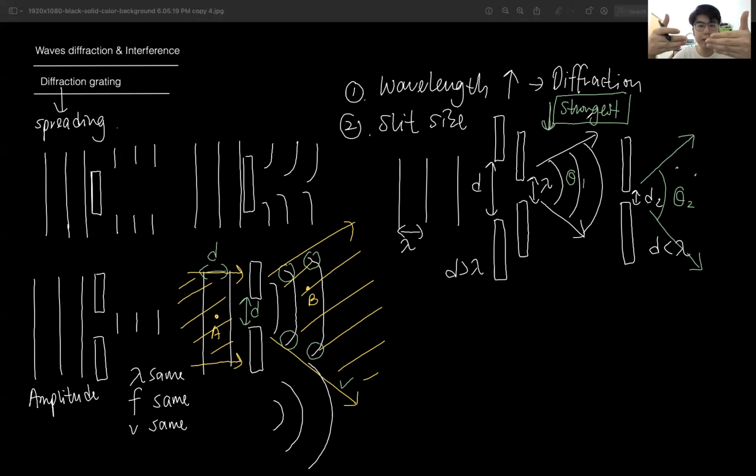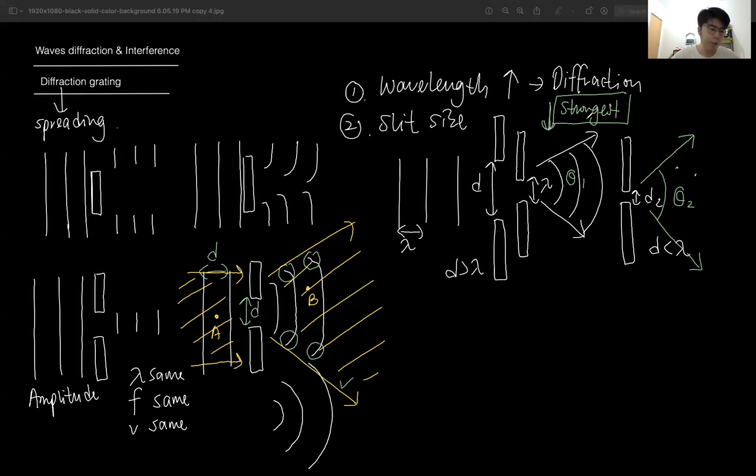So they decrease it, but it cannot be too small either, because if the opening is too narrow, it's very difficult for the boat to navigate through the opening, right? So from there again, they find a balance. That is one application of diffraction of water waves.